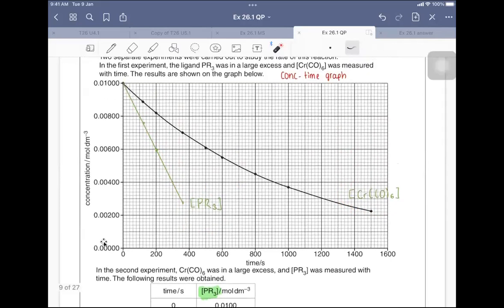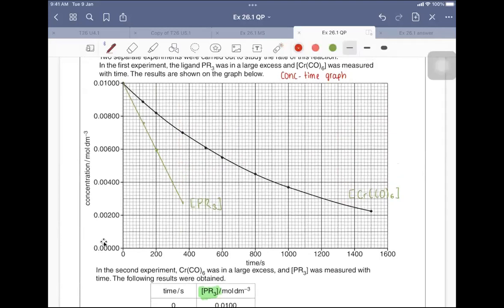We cannot say that it is first order unless we confirm it. Okay, so one way to confirm that this curve is showing a first order is to find the successive half-life. So we want to find at least 2 half-lives for chromium complex. Okay, so I am focusing on the graph of chromium complex.